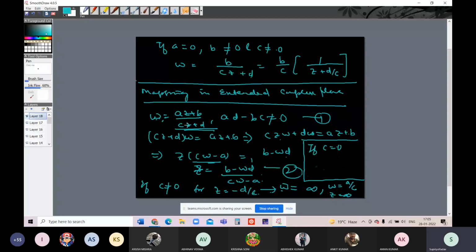If C is 0 here, then you can see Z equal to infinity will be mapped to W equal to infinity. So these are all about the points in the extended complex plane. This is how this mapping will behave for the extended complex plane.